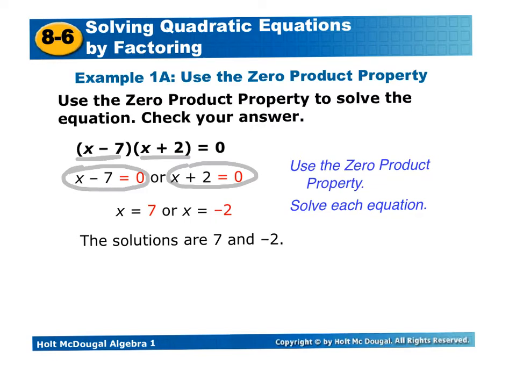We're going back to what we learned back in chapter 1 by solving these simple equations. And we use inverse operations where if it's a subtraction, we're going to add. If we're adding, we subtract to solve. So our two solutions would be 7 and -2. What these solutions mean is where our graph will cross the x-axis.